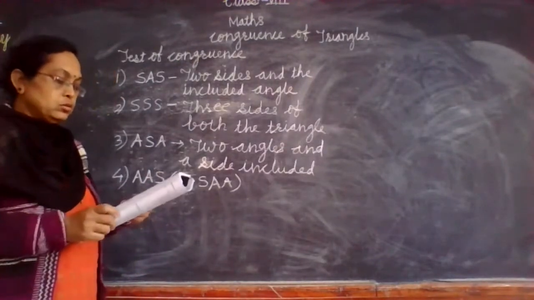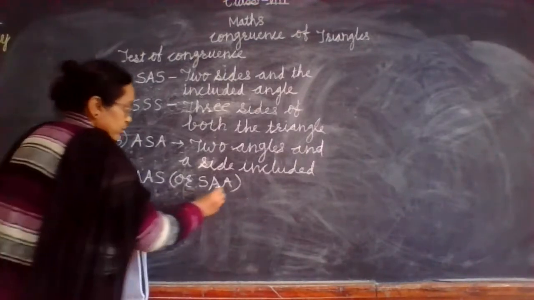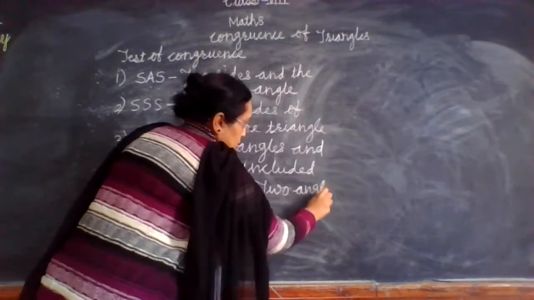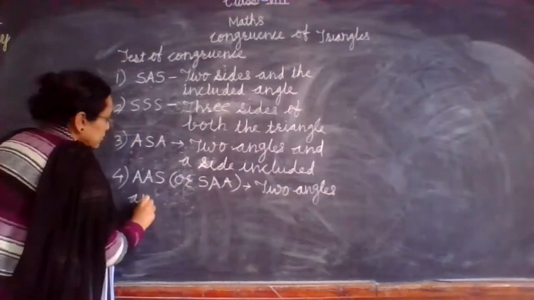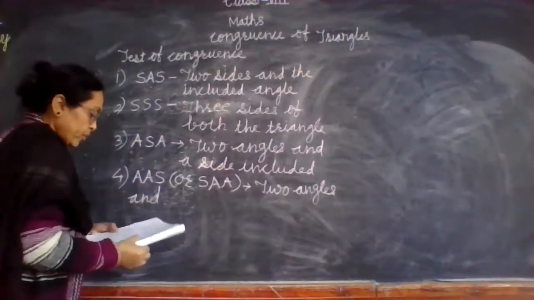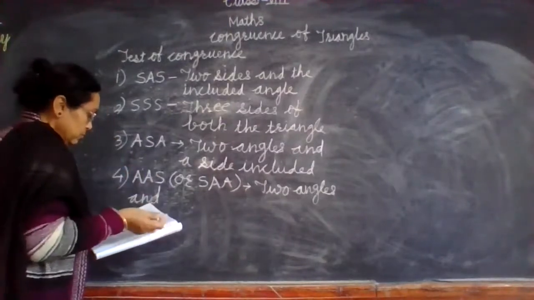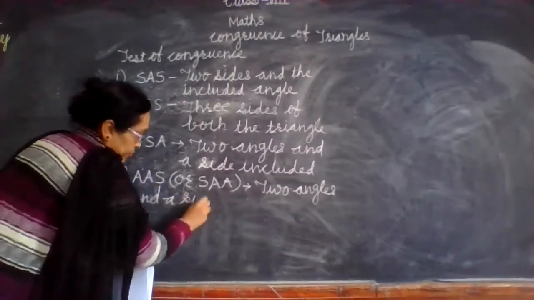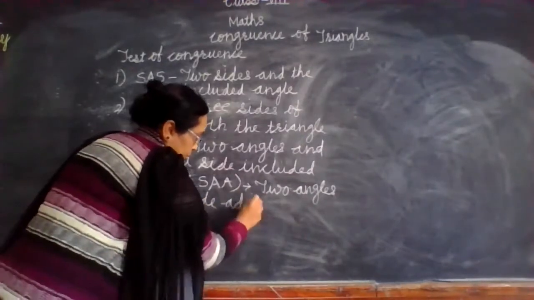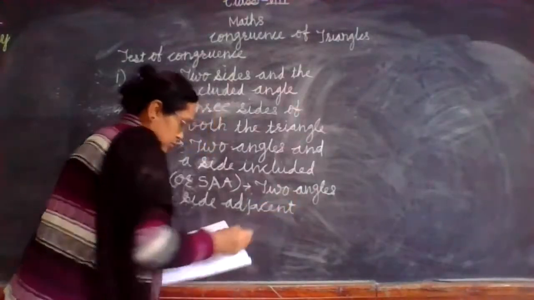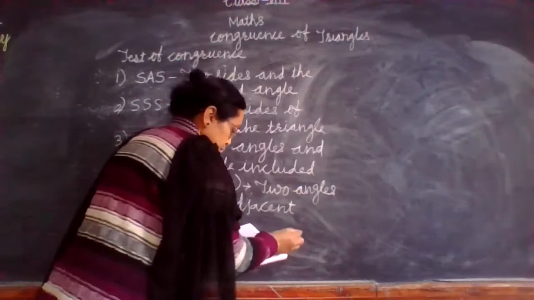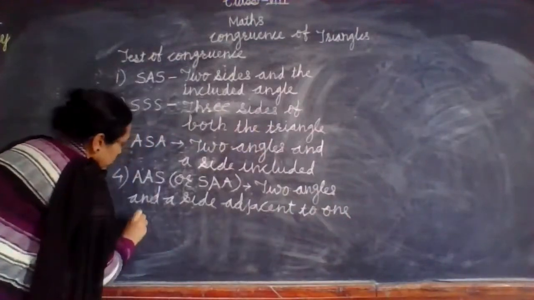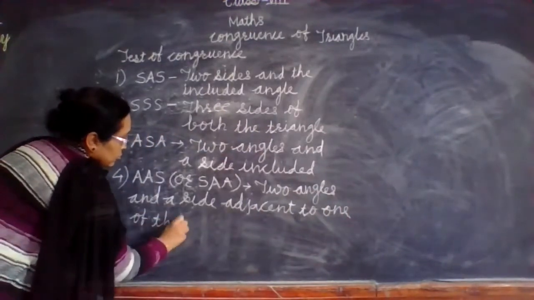So we can write down two angles and a side adjacent to one of them.